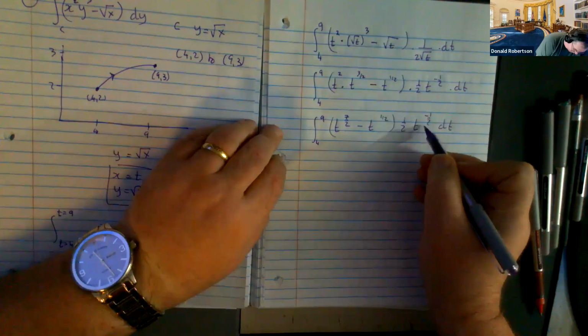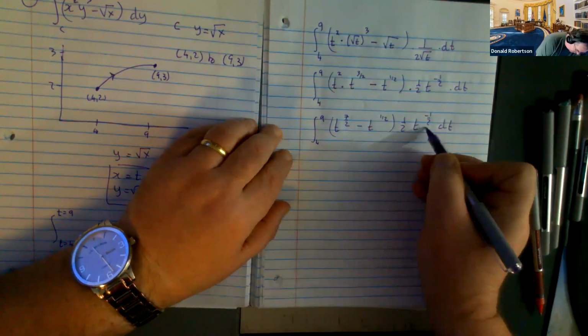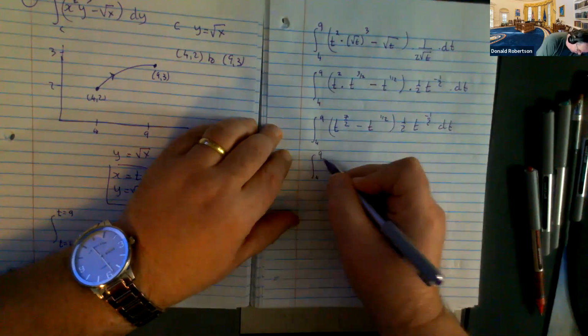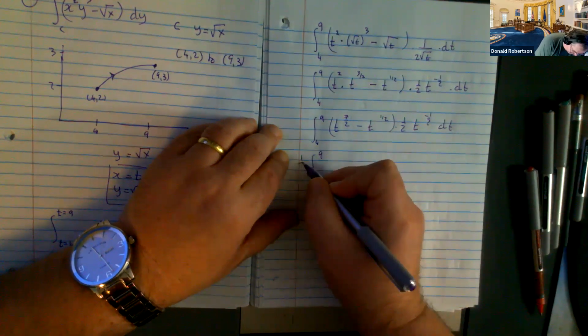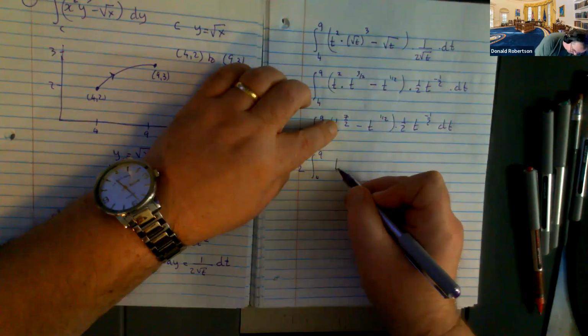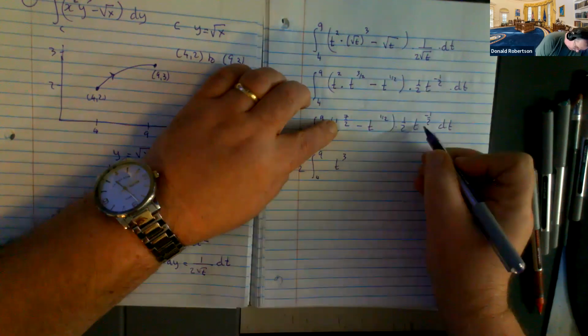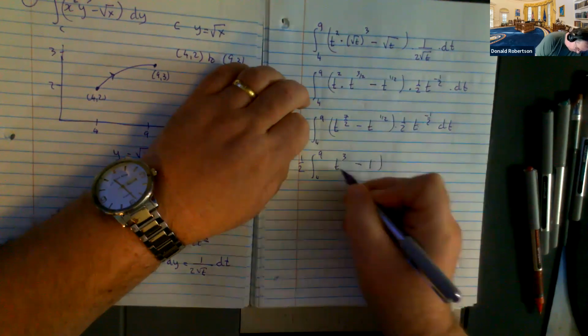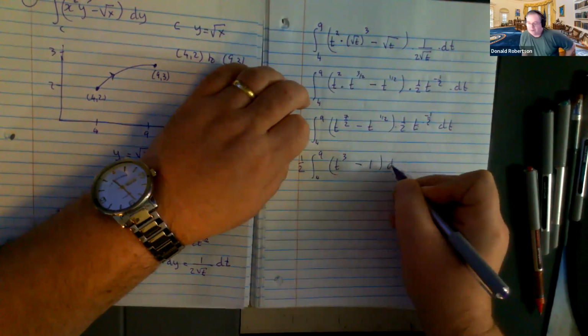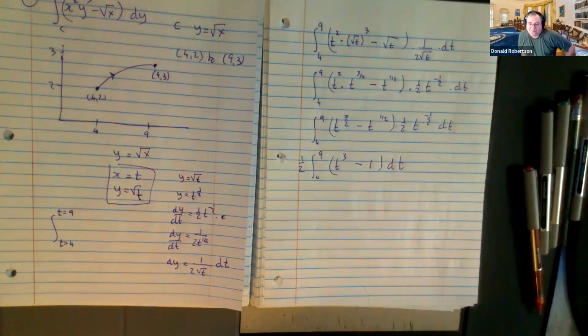If you distribute through with this guy, and while we're at it, we'll just stick the half outside. This guy times this guy gets me t cubed, and this guy times this guy actually gets me 1. And there is an amazing thing. It's actually a nice answer. Pause again. Does that look good? Okay.